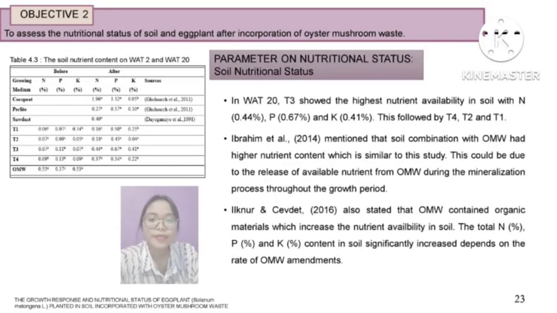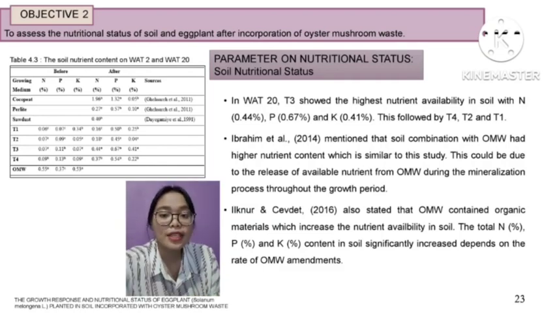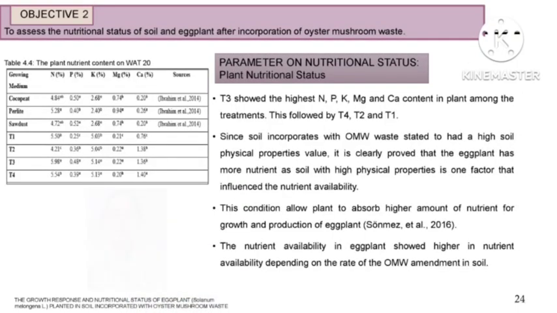In response to my second objective, which is related to the nutritional status of soil and eggplant after incorporation of oyster mushroom waste, here are the results of my soil nutritional status. As you can see in table 4.3, it clearly shows that the nutrient availability in soil incorporated with oyster mushroom waste has higher NPK content, especially in T3 and T4, even after the plant absorption.